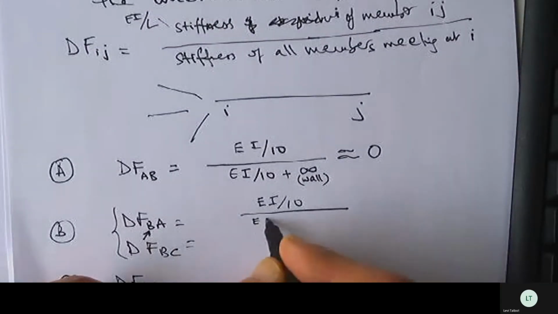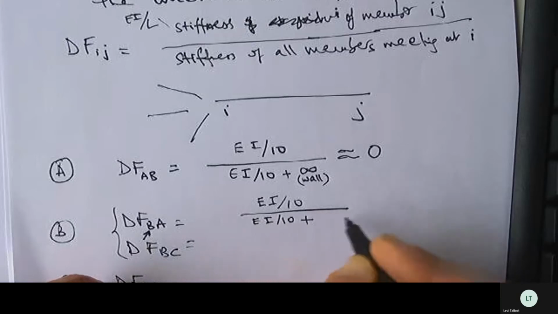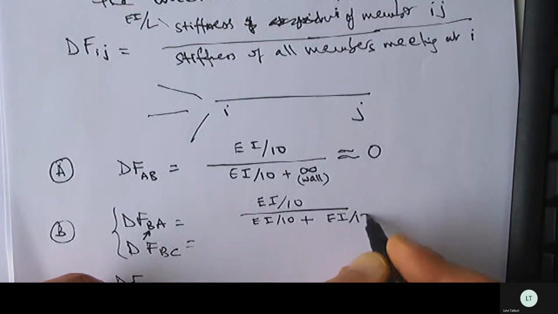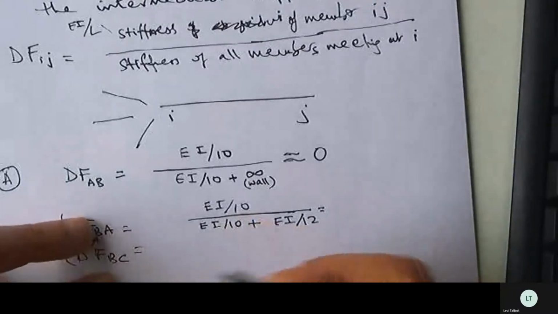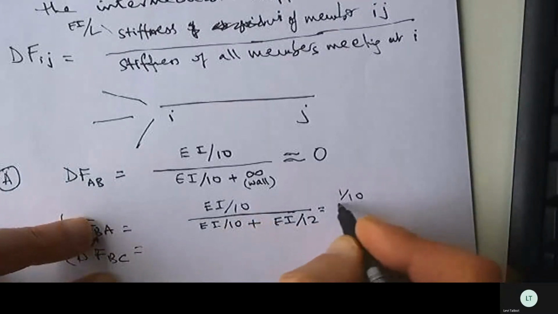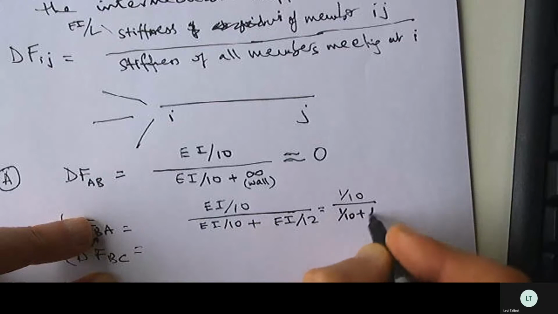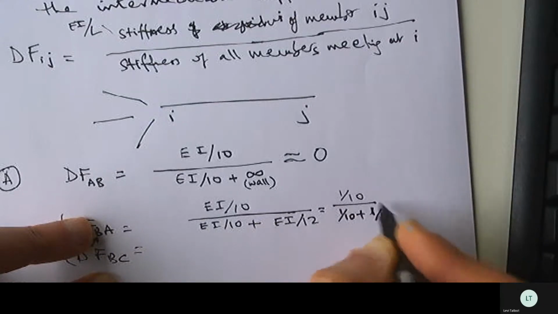So we have EI over 10 plus what? EI over 12. Thank you. So the EI can simplify, so we have 1 over 10 over 1 over 10 plus 1 over 12.